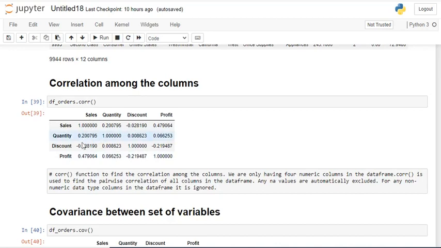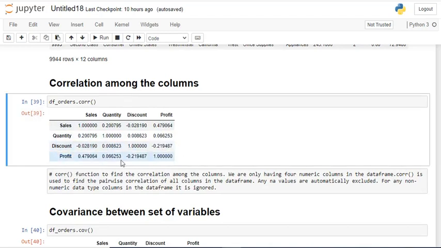So here the discount and sales relationship is negative, and again the discount and profit correlation is a negative value, minus 0.21. Discount versus profit, again there is a negative correlation.